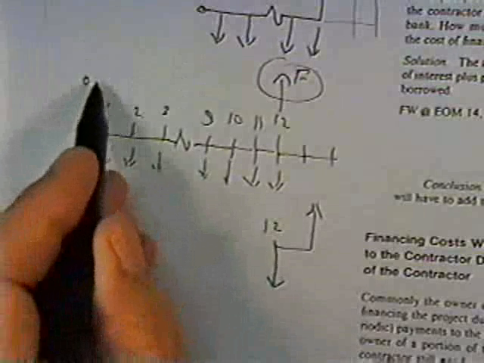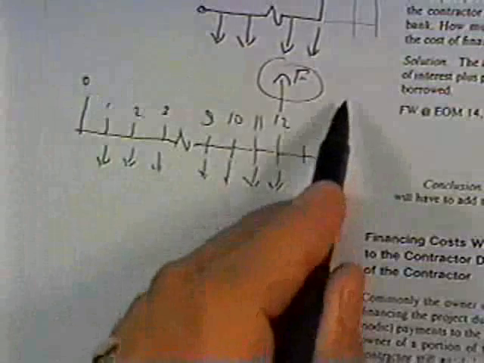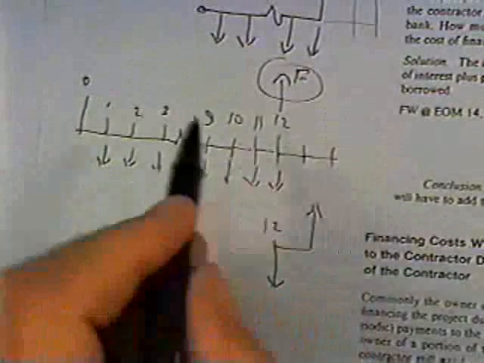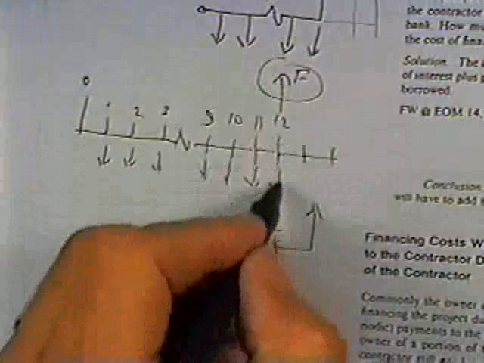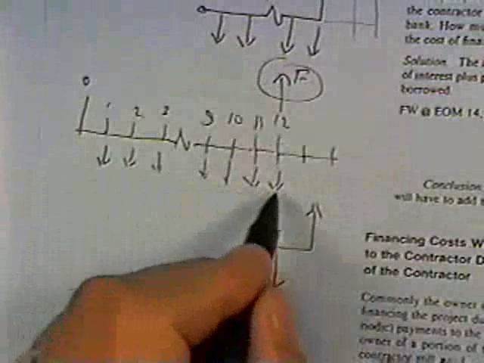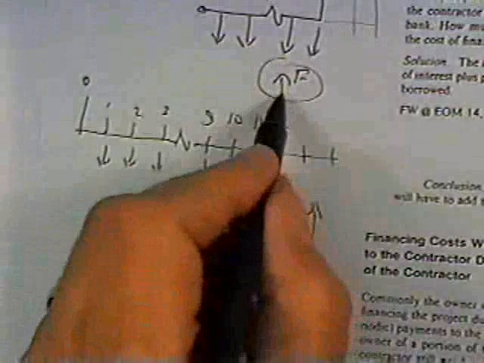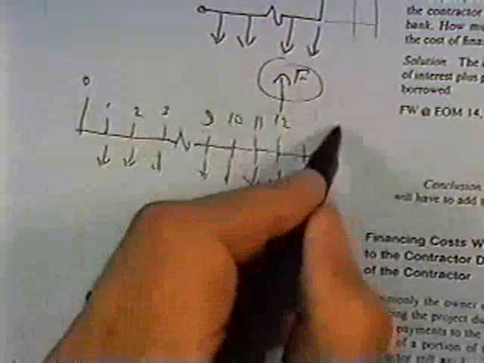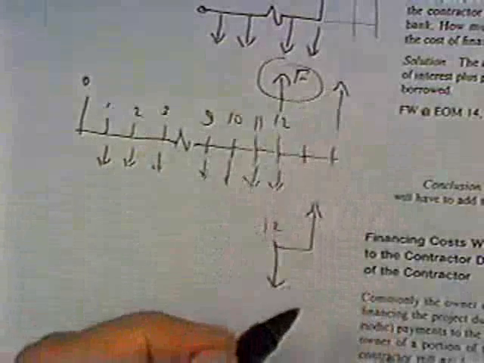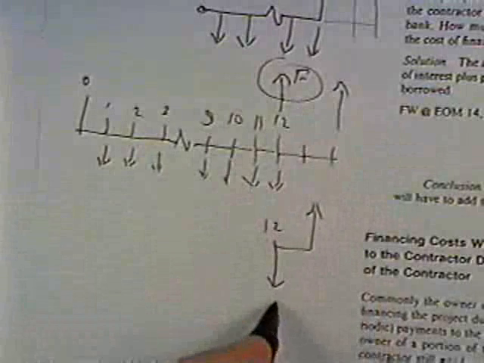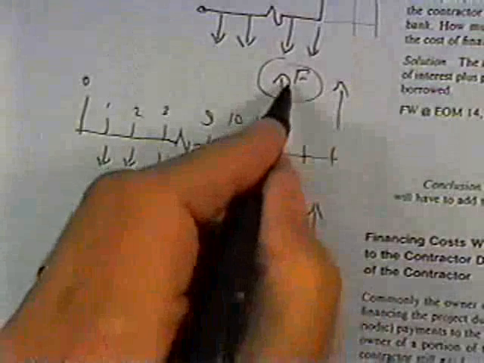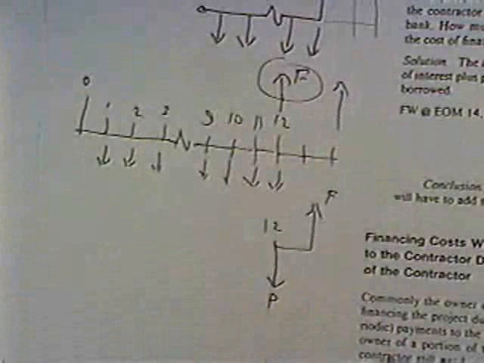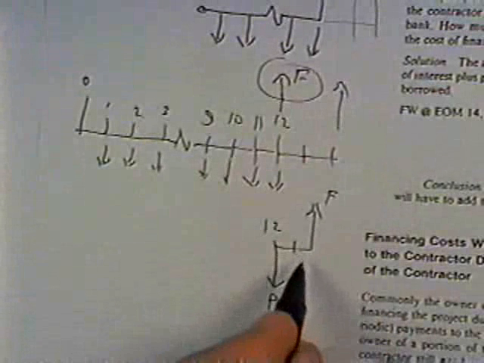Your equation wouldn't allow you to find the future value out here directly because there's not 2 payments here. The future worth is here, and you've got this annual series. So you find the future value here, then you've got to move this future value to the end of the 14th month. So what you do is you'd take this future worth here, put it down here as a present worth, and find the future value of that 2 months later.